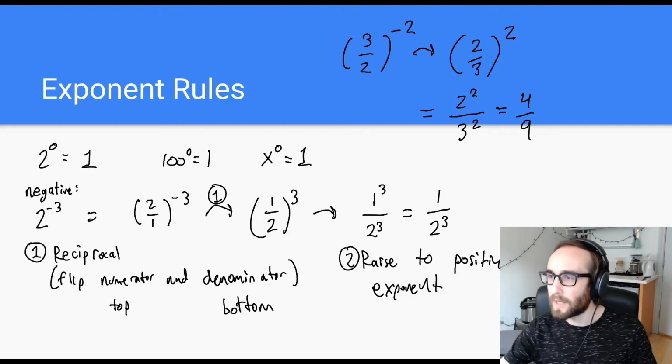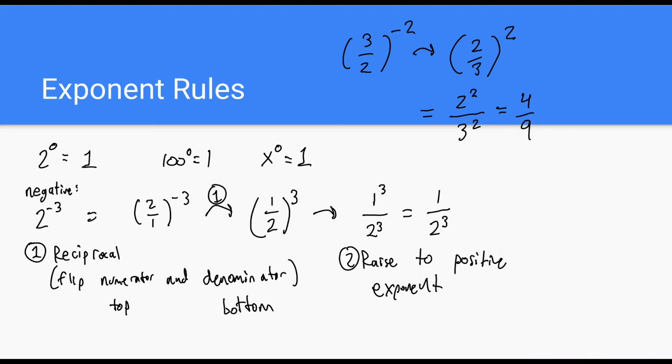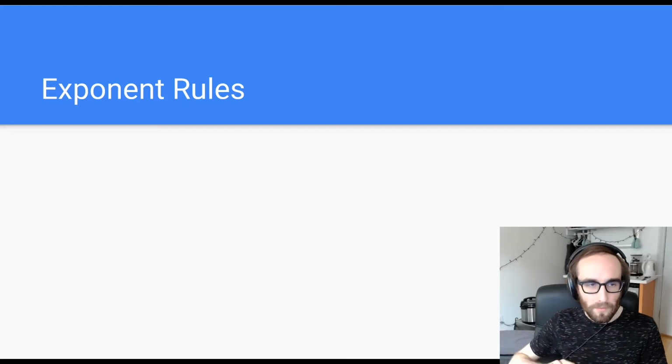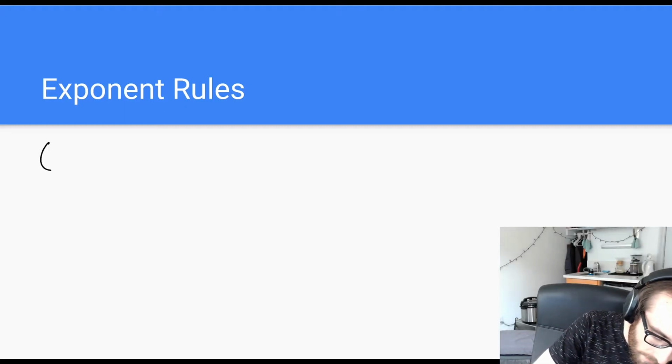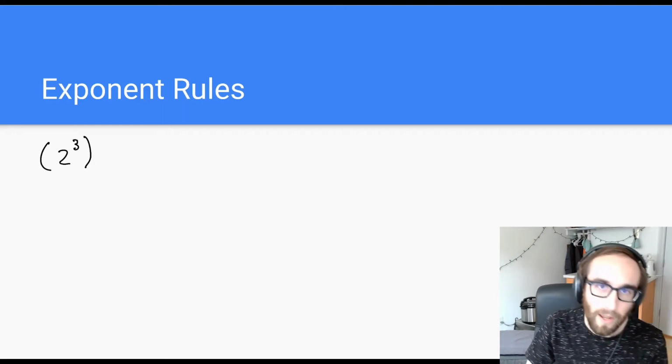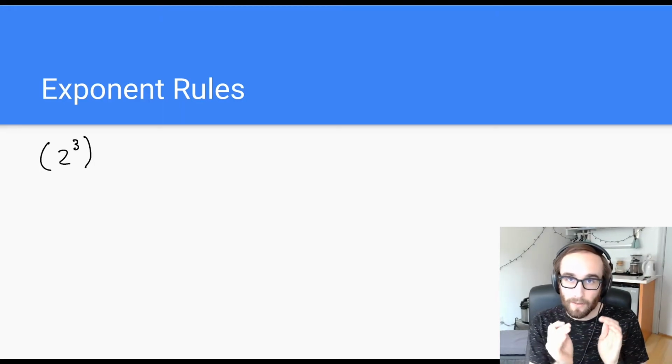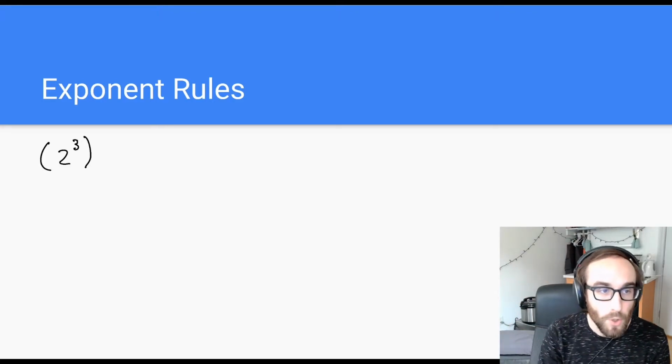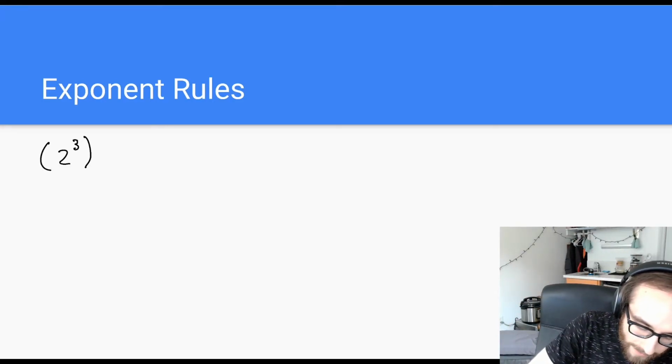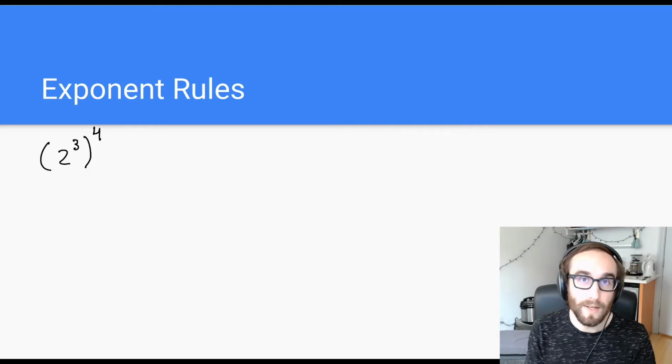The next one is looking at raising a power to a power. So sometimes we'll run into a situation where we have an exponent like 2 to the third power, and we'll raise that exponent to another power. So 2 to the third power to the fourth power, for example.